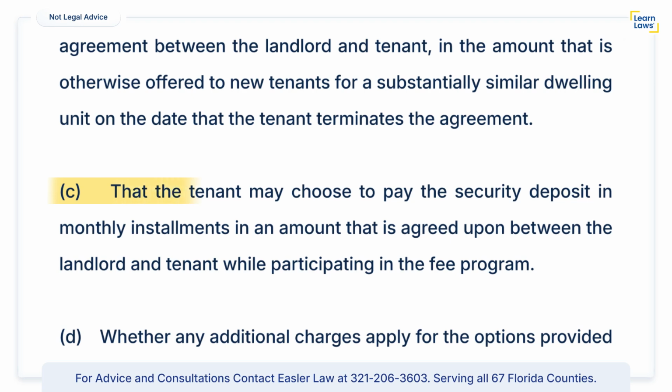C. That the tenant may choose to pay the security deposit in monthly installments in an amount that is agreed upon between the landlord and tenant while participating in the fee program.